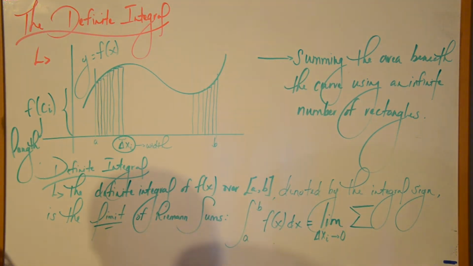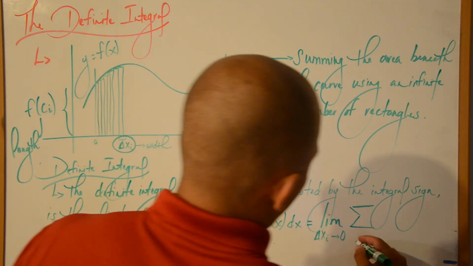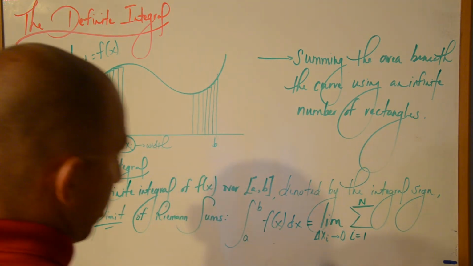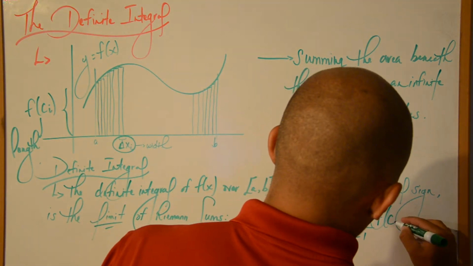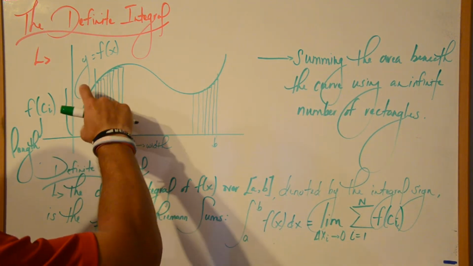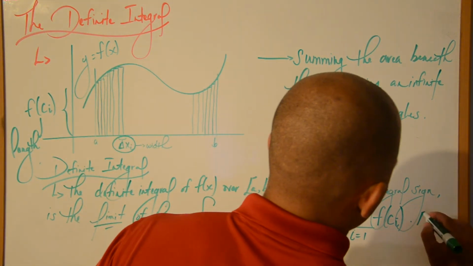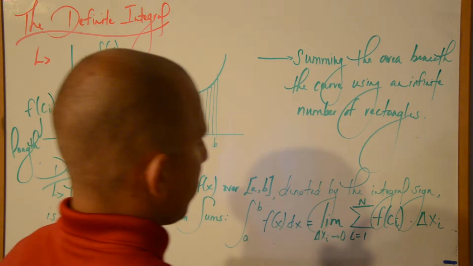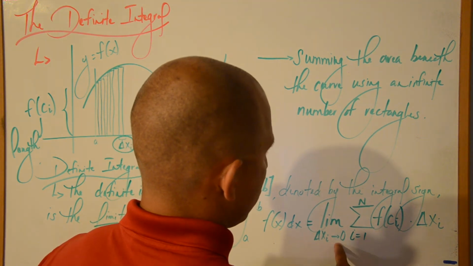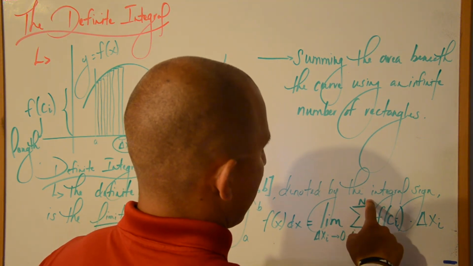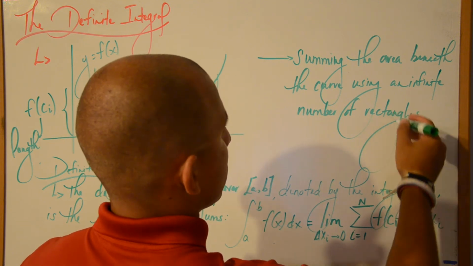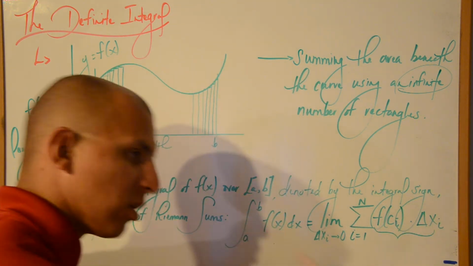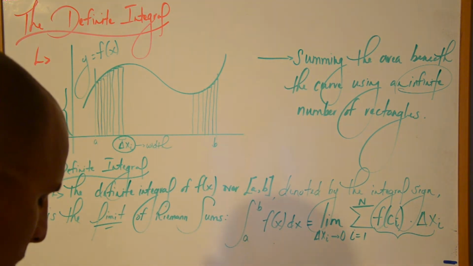So this is the symbol for sum as i goes from 1 to n of f of c sub i, which is the length of each rectangle, times delta x sub i, which represents the width, right? So as we get closer and closer to 0, the number of rectangles seemingly increases infinitely, and we continue to sum and add and add and add those rectangles.